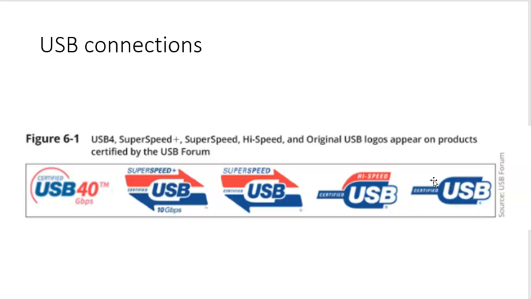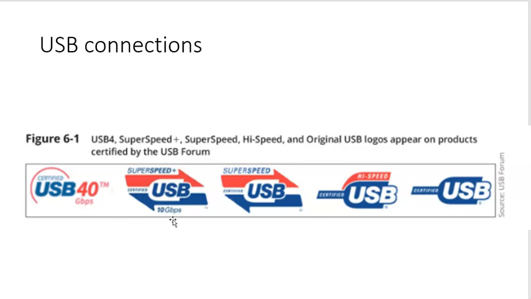But as different USB standards came out, we started with USB 1, then we went to USB 2, which if you look at a lot of our computers now, you're going to see they've got USB 2 connectors, and they've also got USB 3 connectors. And USB 3 connectors will give you a considerably higher speed. And the new standard that's coming out is going to be USB 4, and that is supposed to give you 40 gigabit per second.